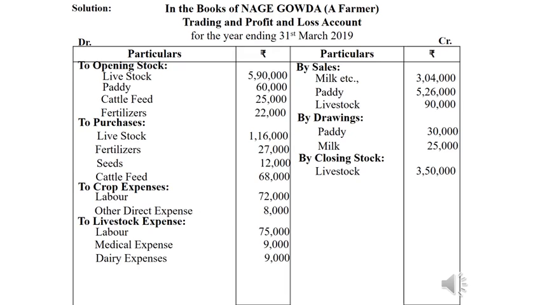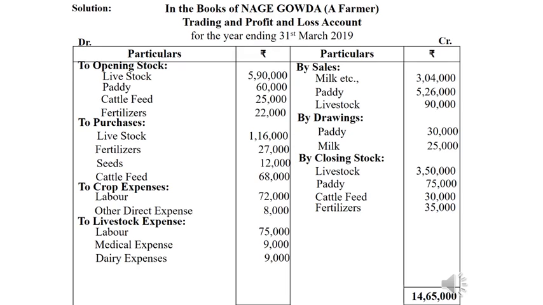Next, record closing stock given in the adjustment. Livestock rupees 3,50,000, paddy 75,000, cattle feed 30,000, and fertilizers 35,000. So these are the items which will find place under trading account. Balance the account. Total up; normally credit side will be more.